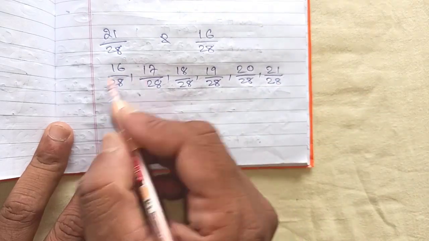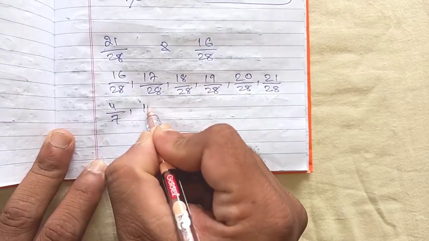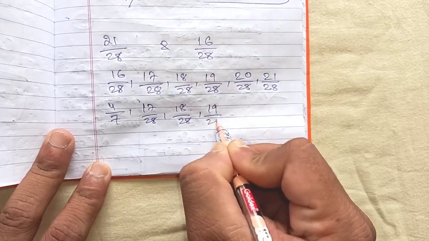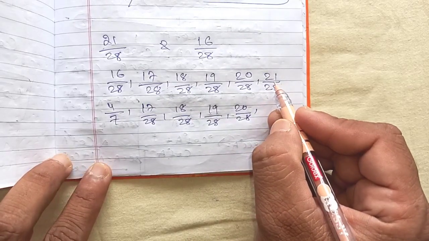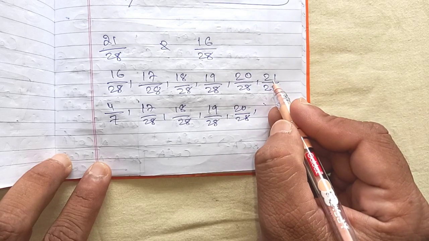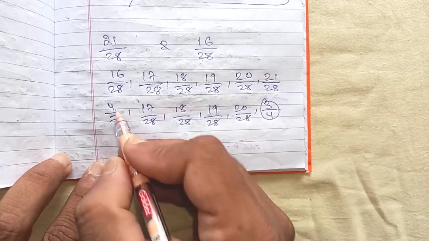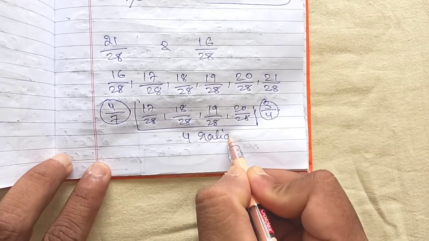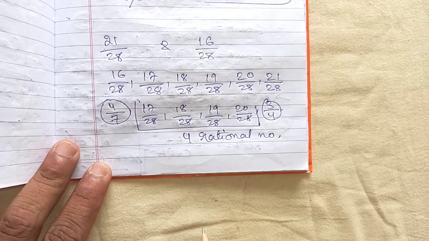If we cancel it by 7 we will get 3 by 4 and 4 by 7. So these are the 4 rational numbers between 3 by 4 and 4 by 7. Okay, next question.